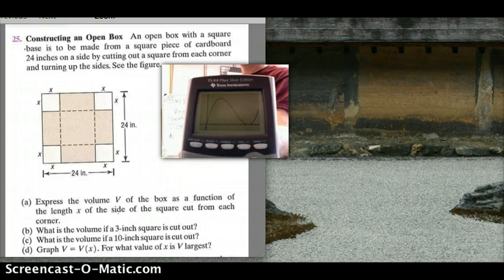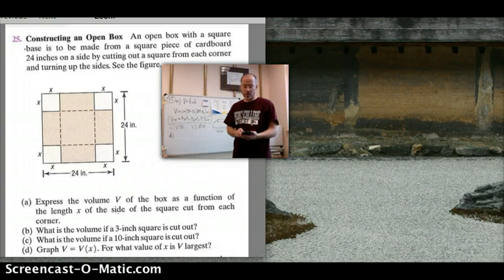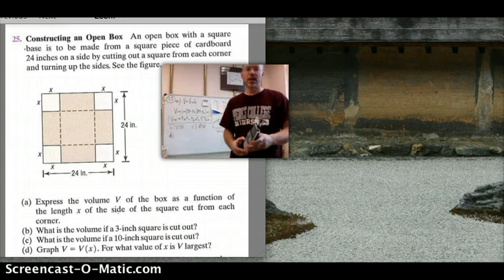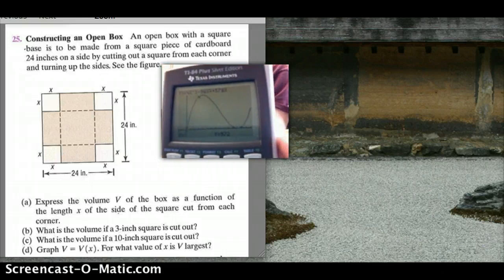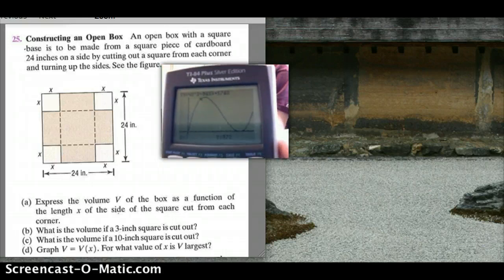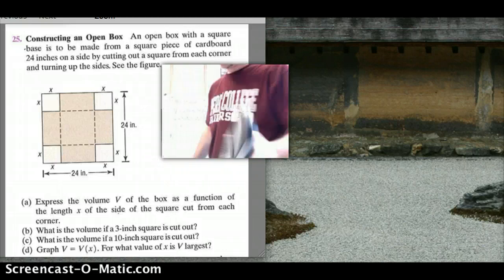To answer parts B and C a shortcut way, let me just press trace. I know a number of you would use the second calc value for this. If I'm in trace mode and I just hit 3 enter, it's going to move the cursor to where x is equal to 3, and it says y is equal to 972.